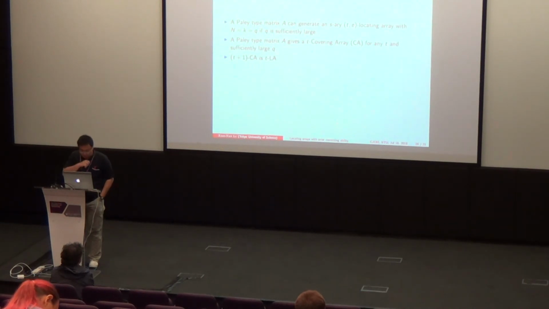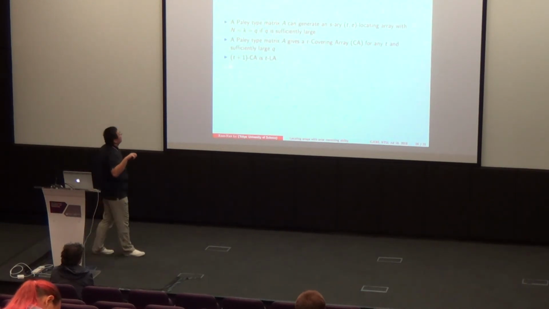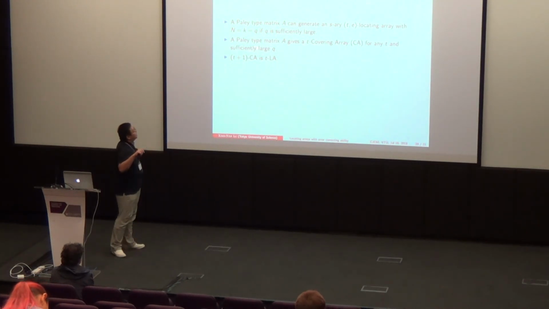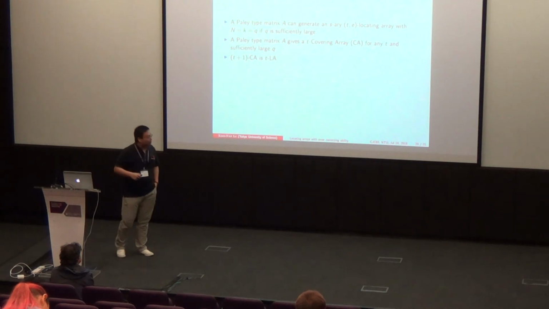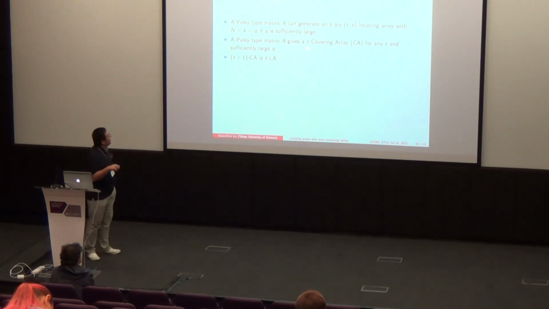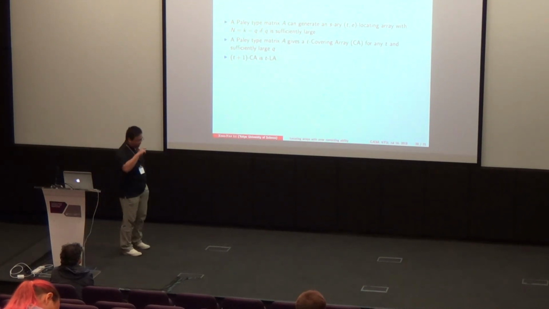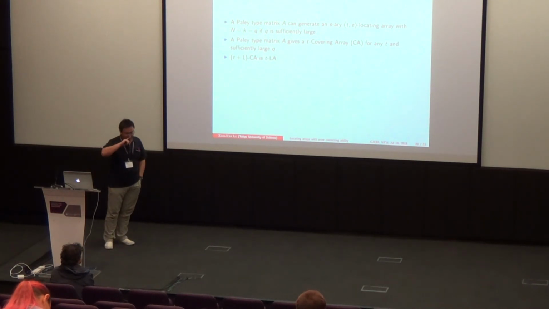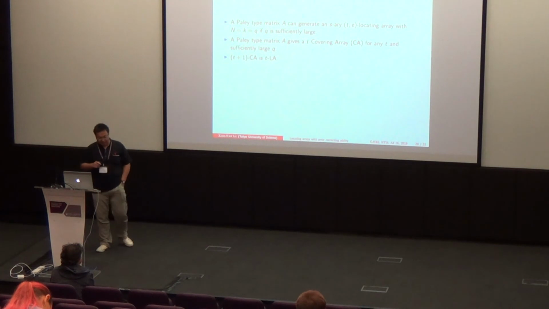What should be noticed, and is remarkable, is that a Paley type matrix can be used to construct a t-locating array for any given t, and for sufficiently large q. Also, if you consider a (t+1)-covering array, then this is actually also a t-locating array.